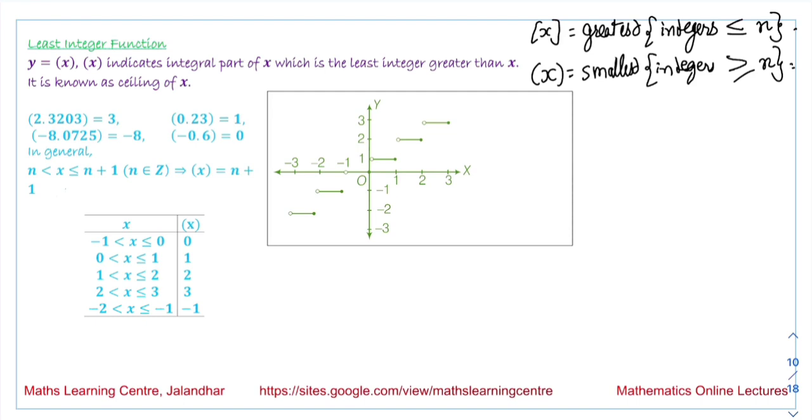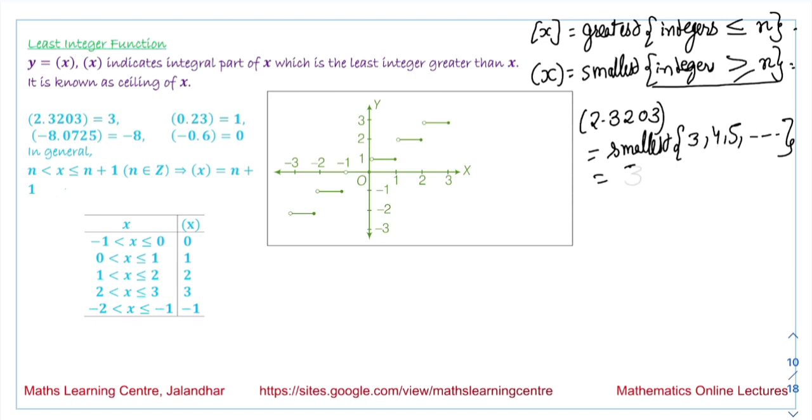So if we have to calculate the least integer value, say of 2.3203, we are saying it is the smallest of all the integers which are greater than or equal to this, so they are 3, 4, 5 and so on, and the smallest of all these is 3.